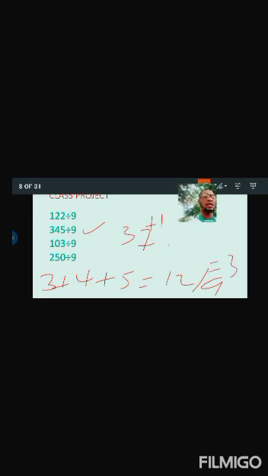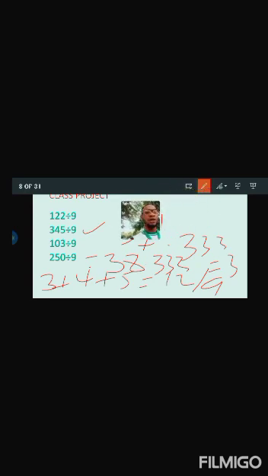Point 3.333. So the answer is 7 plus 1 is 8, so 38.333, and that's going to be your answer. That is your class project. Please take note.